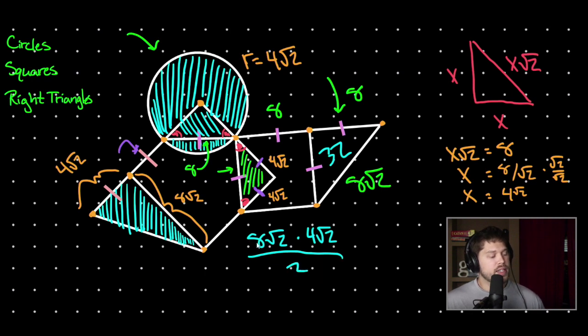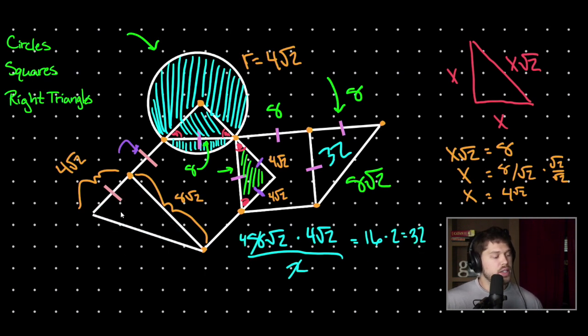We could go ahead and cancel the 8 and the 2 in the bottom to leave us with a 4 up top. And so we have 4 square roots of 2 times 4 square roots of 2. 4 times 4 is 16. Root 2 times root 2 is 2. So 16 times 2 is 32. So this triangle over here on the left also has an area of 32.